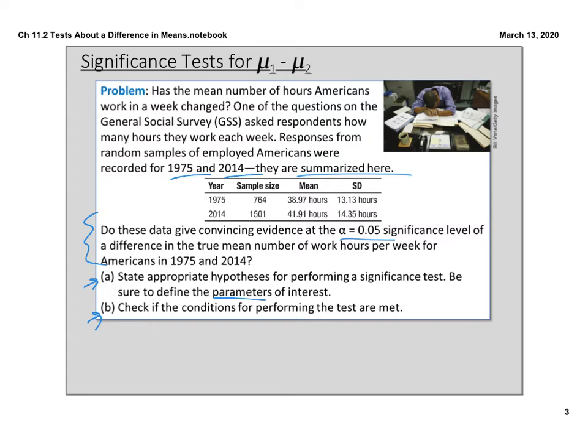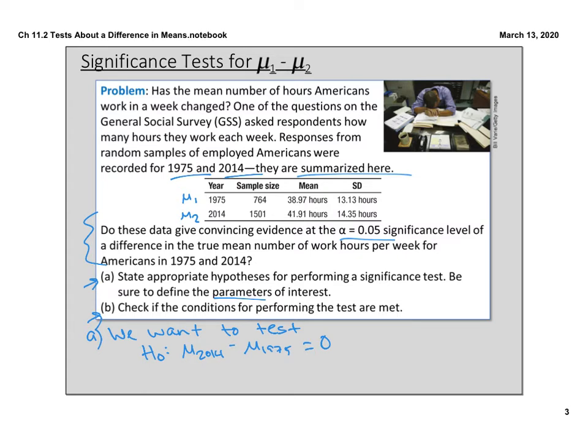So we want to test, for part A, this is how I would write this out. We want to test the null being the mean for 2014 minus the mean for 1975. And I'm just going to subscript them that way so that I can keep the two straight. You could call this mu1 and mu2, and then you do mu2 minus mu1, whatever.